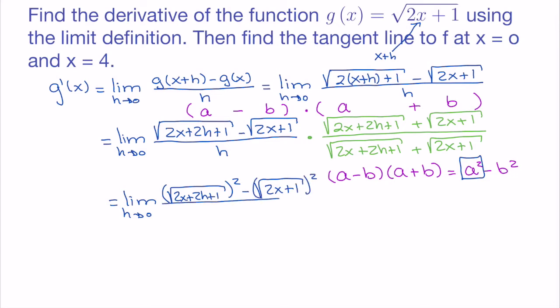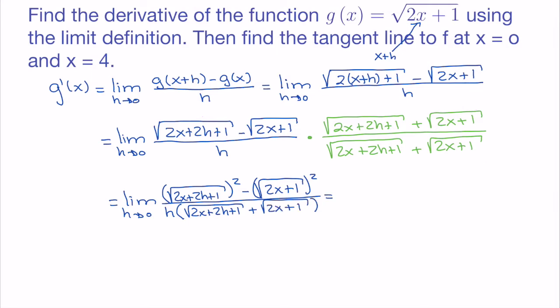And in the denominator, you're going to multiply the two denominators. So that's h times square root of 2x plus 2h plus 1 plus square root of 2x plus 1. And then this is the limit as h approaches 0. This is done so that the square root cancels out with the square, and here the same thing.